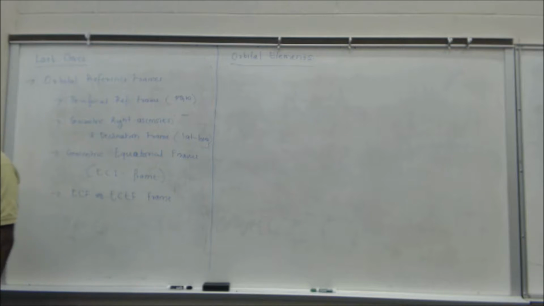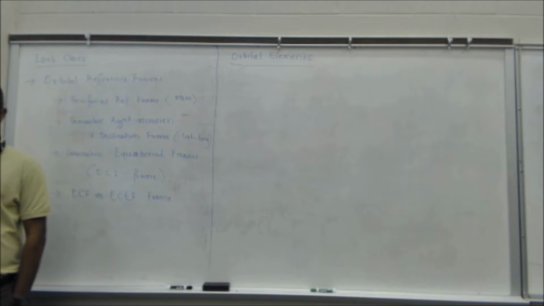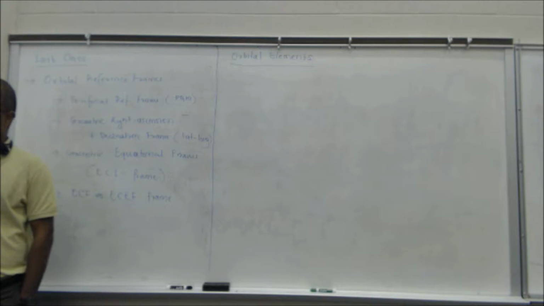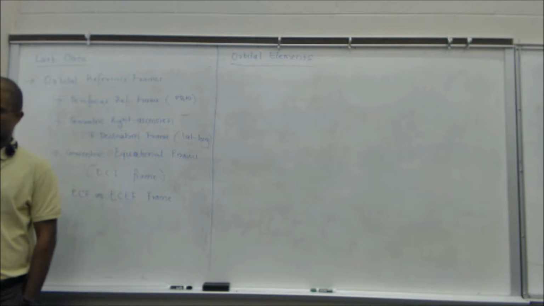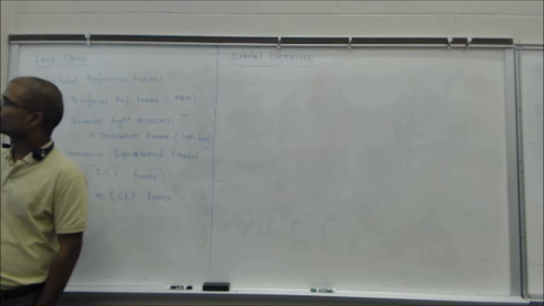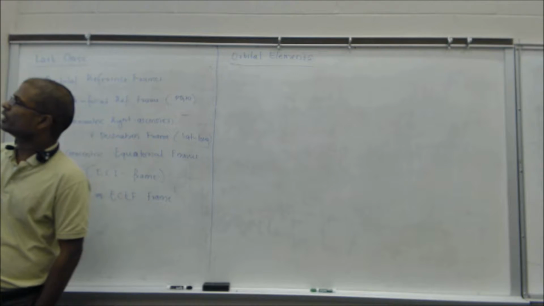So at one point, on the first day of spring, you align the ECI and ECF frame. ECF rotates as Earth goes around the Sun. The ECI just stays there. It always points to the vernal equinox. ECF does not always point to the vernal equinox. You understand the difference? Now let's look at orbital elements.